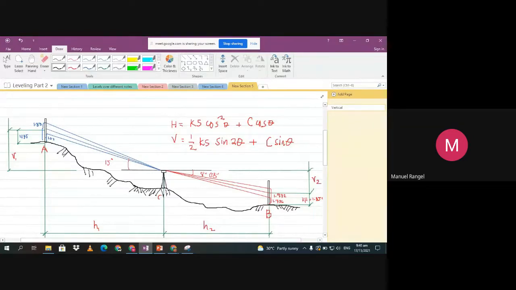So i-minus na nato ang rod reading or middle rod reading.